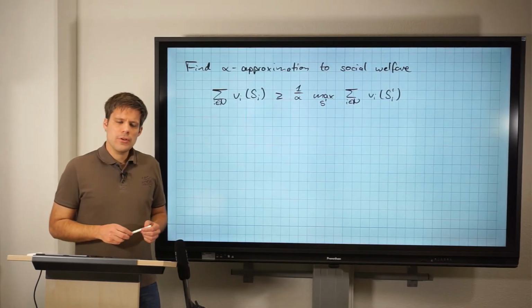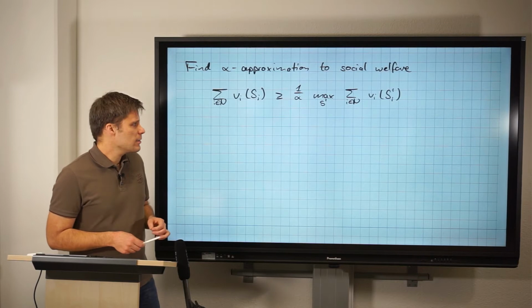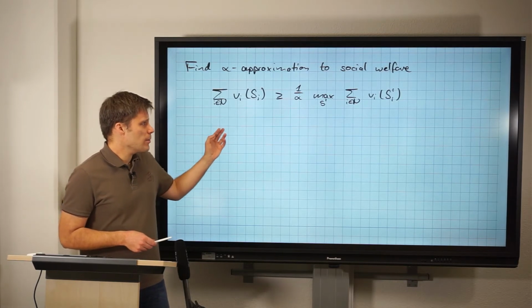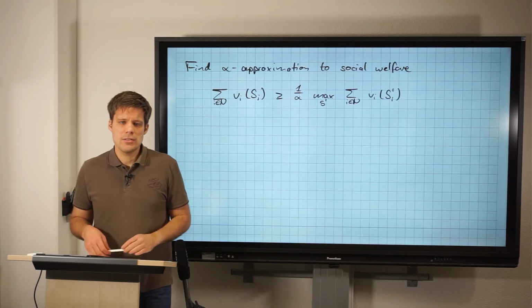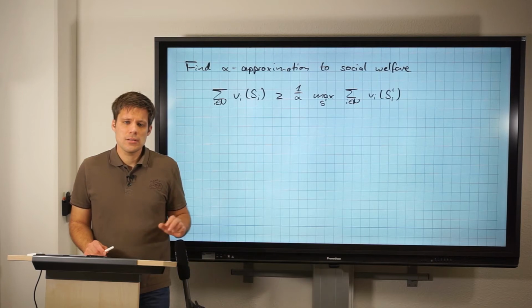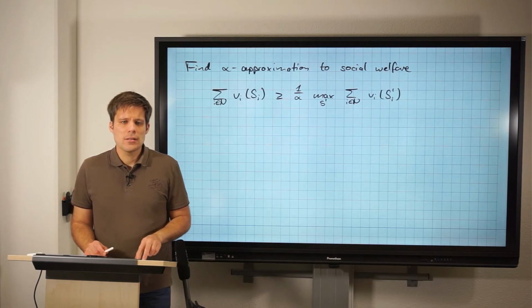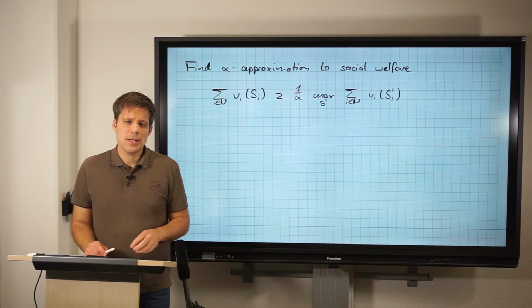And fortunately, as we will see today, for single-minded bidders, getting such an approximation algorithm with a good factor of alpha is not too difficult, because simply greedy algorithms do the trick. And not only this, we can also combine them via our insights in Myerson's lemma with a payment rule, such that we obtain a truthful mechanism.